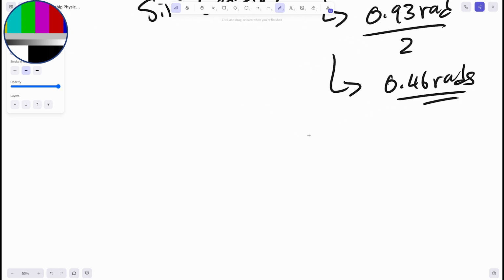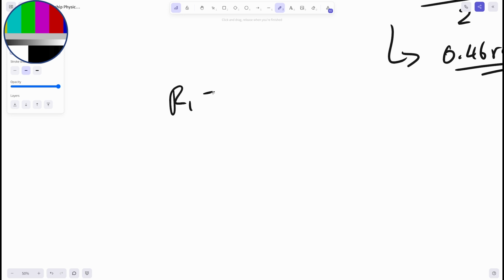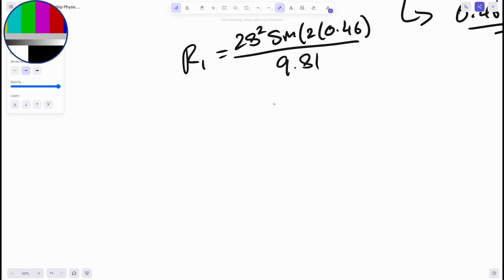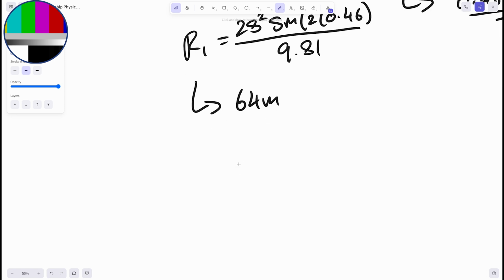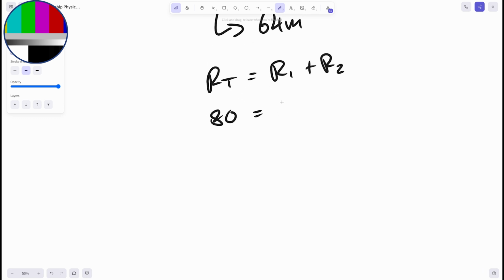Okay, so now that we know our angle, we can sub that into our R1. So our R1 is equal to 28 squared sine 2 times 0.46 all over 9.81. And this gives us a value of 64 meters. And therefore, as our RT is equal to R1 plus R2, our 80 meters is equal to 64 plus R2.